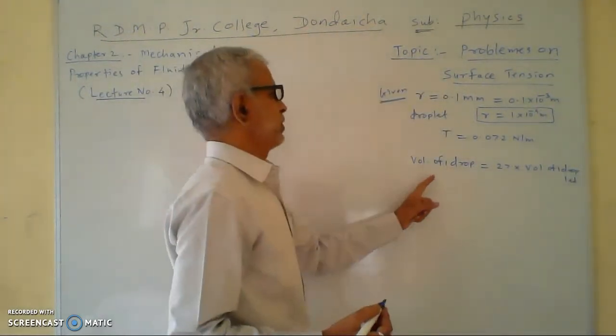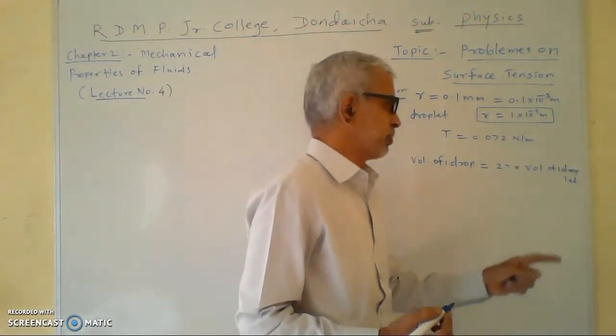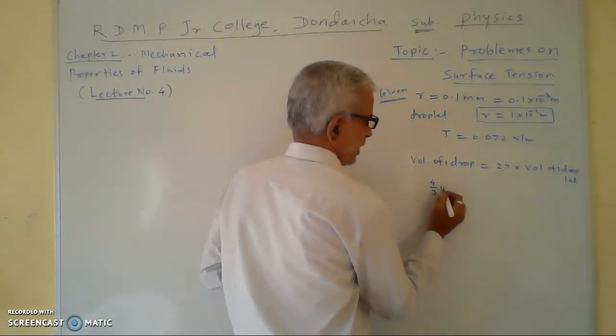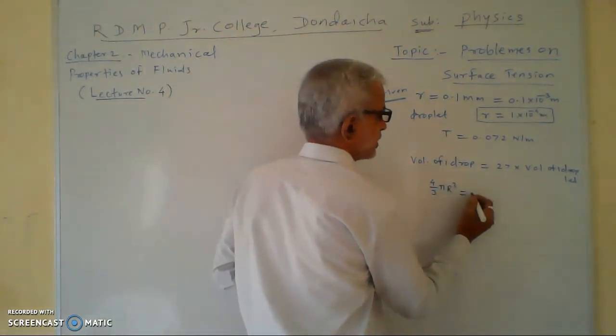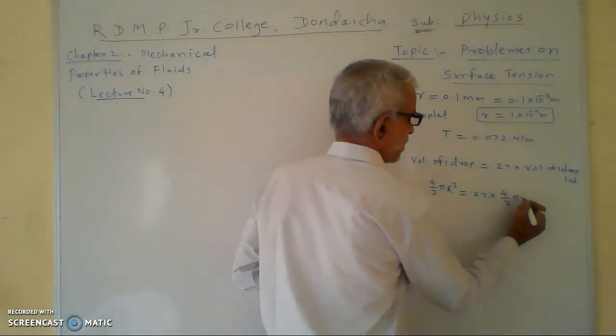Means volume of one drop is equal to 27 multiplied by volume of one droplet. So 4 upon 3 pi R cube is equal to 27 multiplied by 4 upon 3 pi r cube.